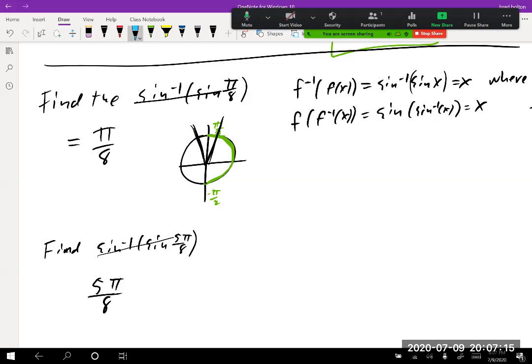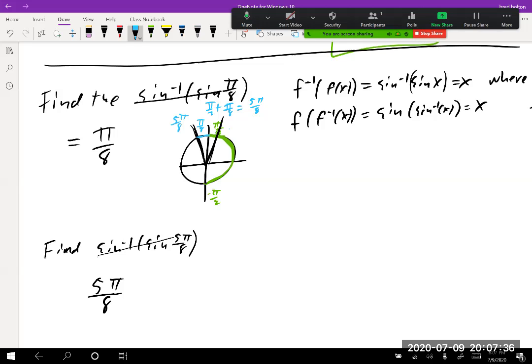So what you have to do is you think, well, how far away is this? Well, if this is 5 pi over 8, that means this distance is a pi over 8, right? And that means that if I took pi halves plus pi over 8, I got 5 pi over 8. So I should be able to do the same thing, but subtract.